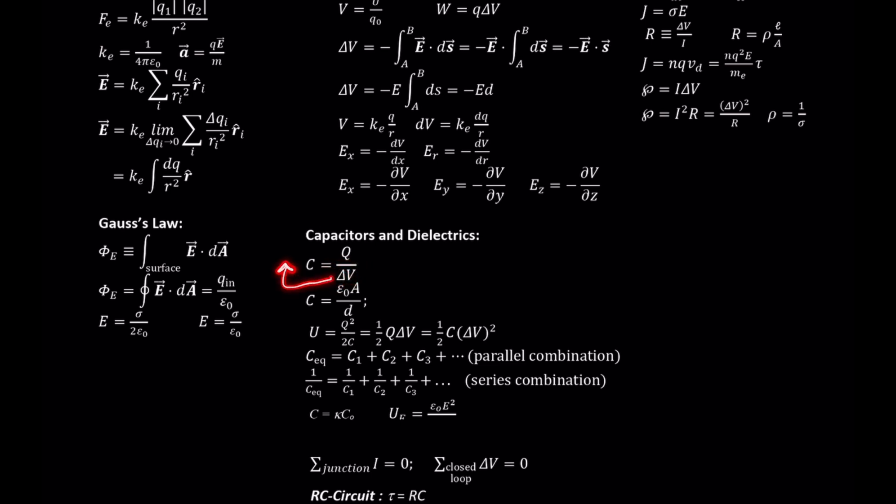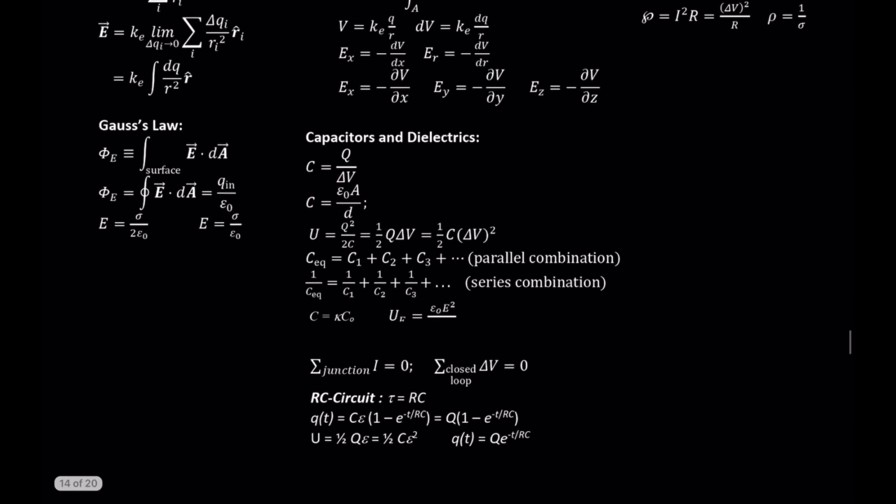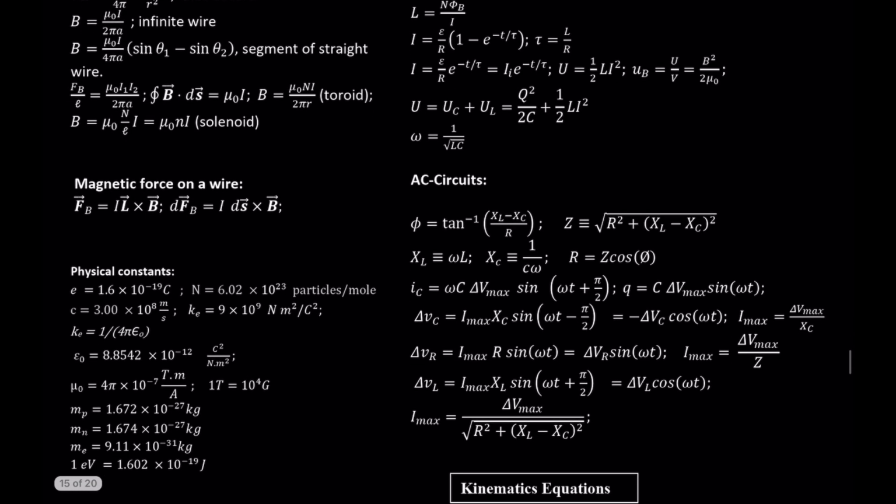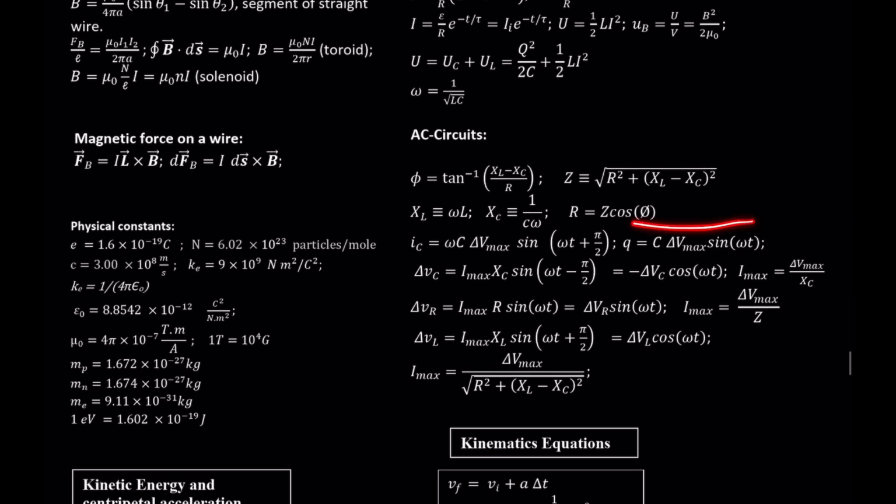If you multiply this V here, you get the classic equation Q is equal to CV for a capacitor. We're going to use that quite a bit. Q is equal to CV, and that's the same thing used over here. Take a look at this. Q is equal to C delta V, and then they have this little sine term because we're in AC circuits.